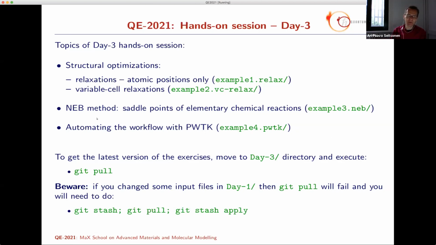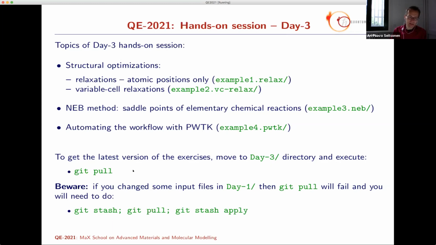We will have 2 very simple examples in this part, and all along the way, actually already before, we will have examples on using the PWTK, and we go more and more toward the analysis at the end. Example 4 will be about some more specific features of these exercises.